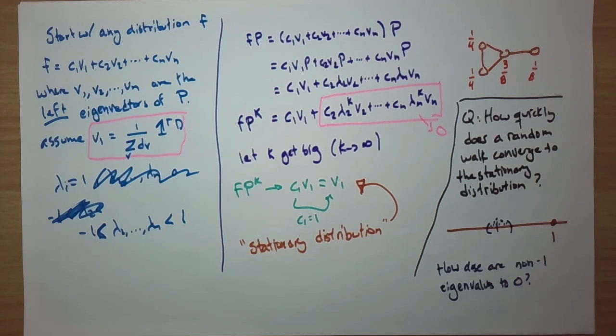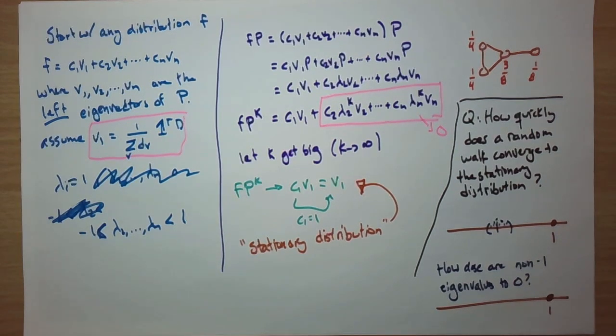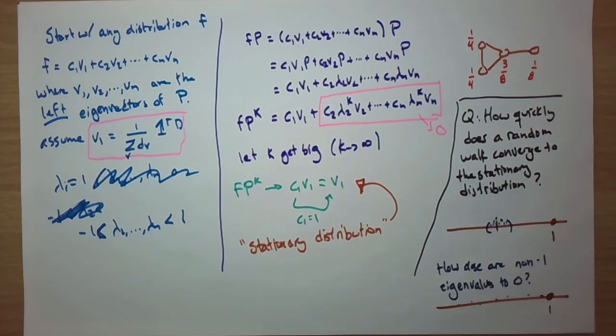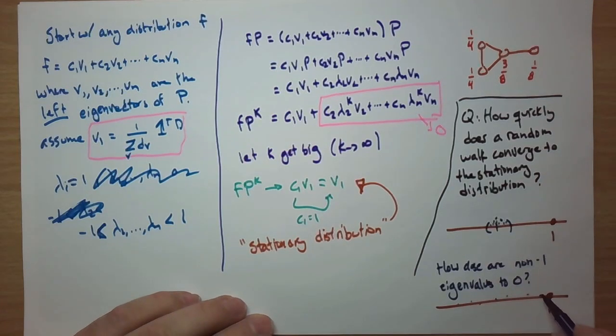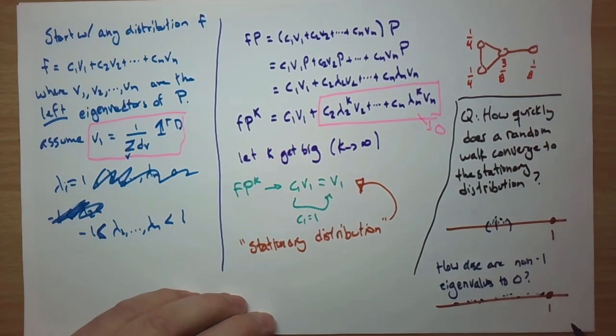On the other hand, what if I have my eigenvalues, and I even have something very close to 1? It can't be exactly 1, but maybe it's 0.99, and I have them spread out.